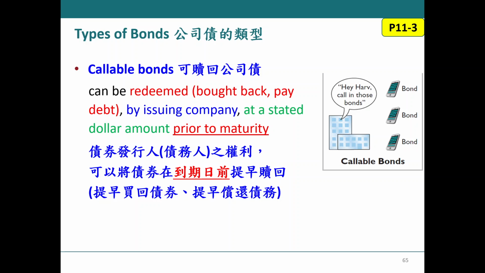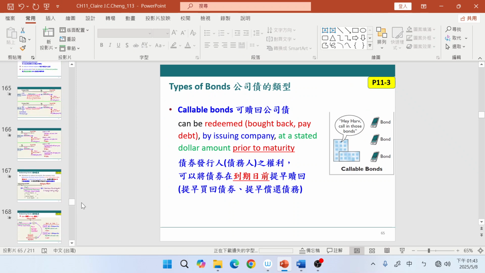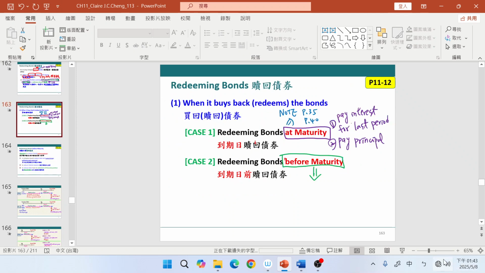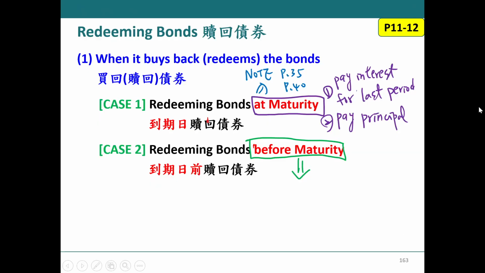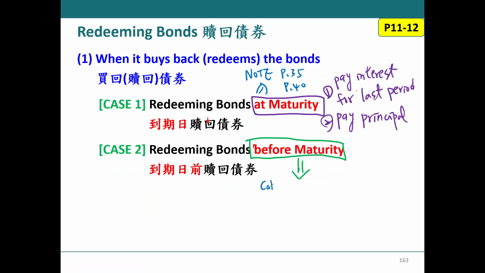Any questions? So it's on your slide, page 65. Told you that. So only callable bond, you could do that. 可赎回债券.